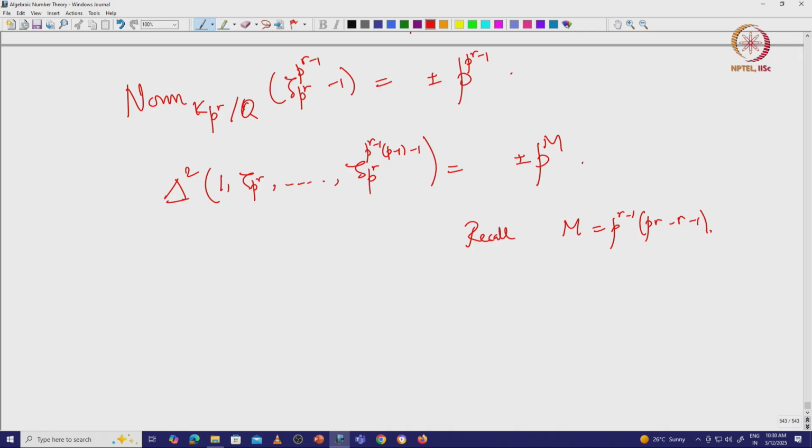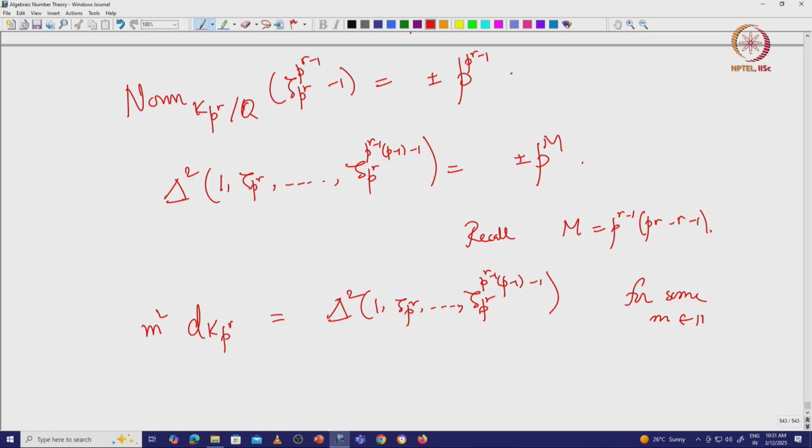And so how do we find the sign of this now? Well, we still haven't proven that this is the integral basis, but let me prove that first and then we go to the sign. So d_{K_{p^r}} times some square is the discriminant squared of 1, ζ_{p^r} and so on up to ζ_{p^r} to the power p^{r-1}(p−1) − 1, for some m in the natural numbers.